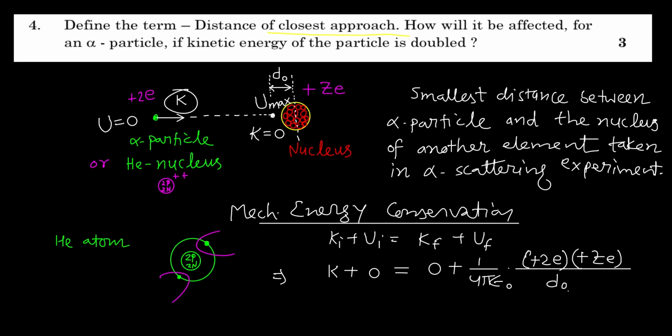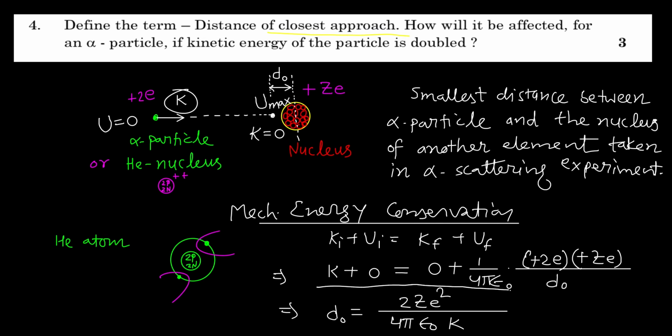This distance is d naught we are saying. So from here you have the distance of closest approach d naught equal to 2Ze square in the numerator, divided by 4 pi epsilon naught K, right?